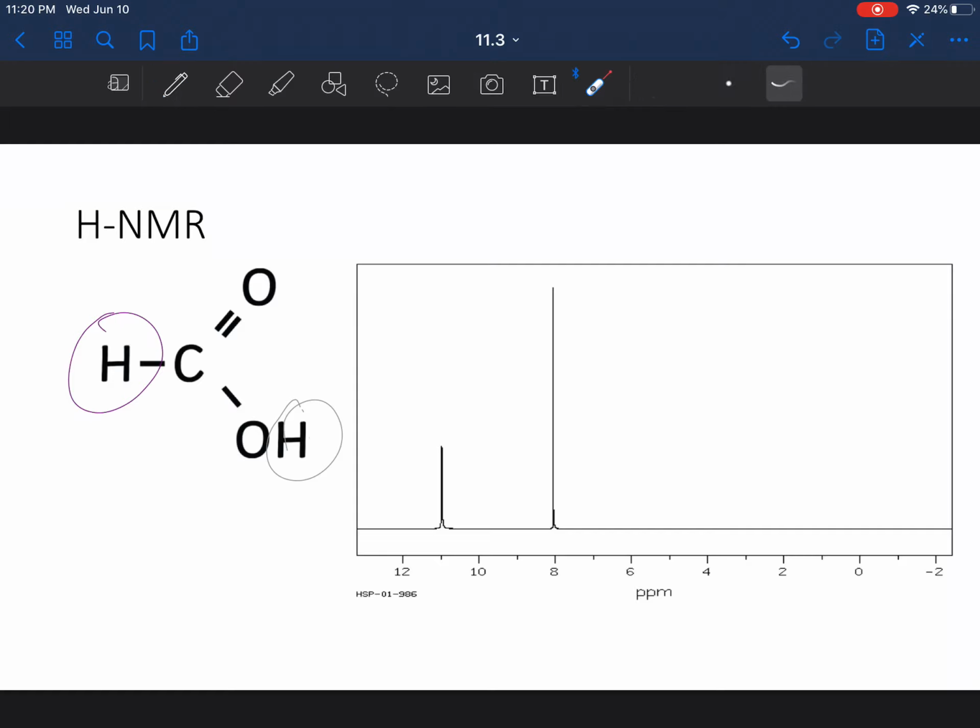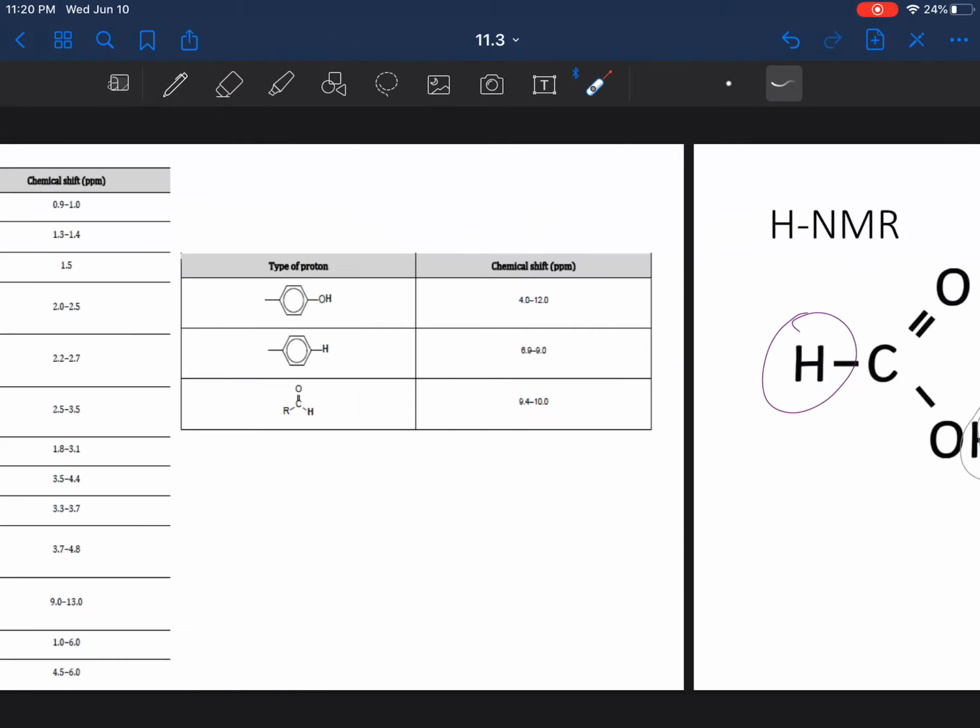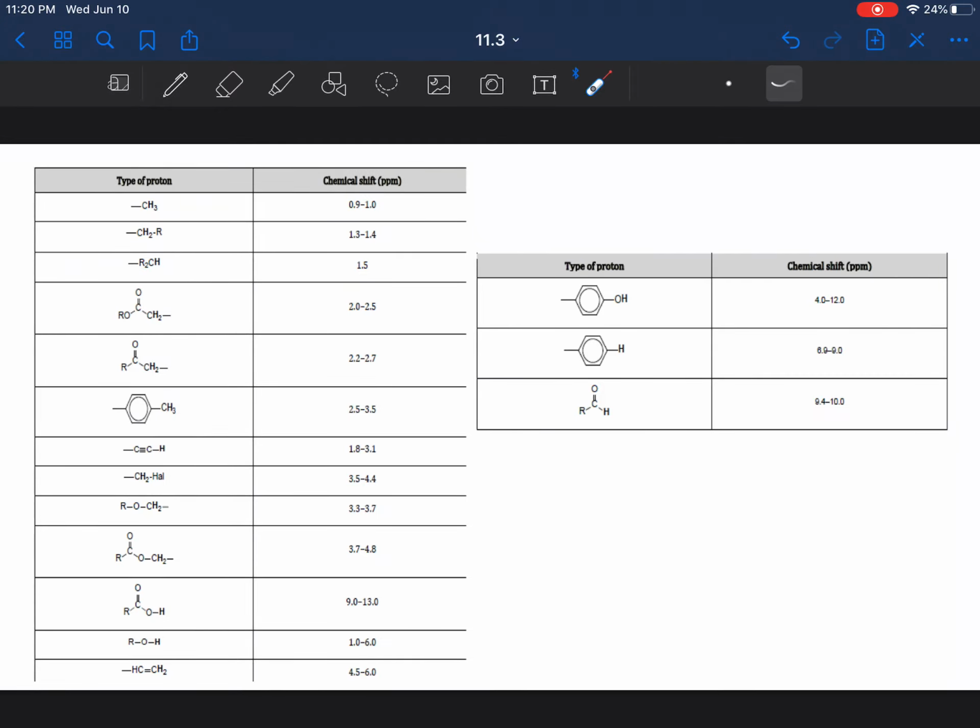So basically this and this represent these, but which one represents which? Now that's where the graph comes in. Let's take a look at this peak. Peak 11. So let's look at this chart and find 11, or a range that covers 11. Oh, right here, right in our face.